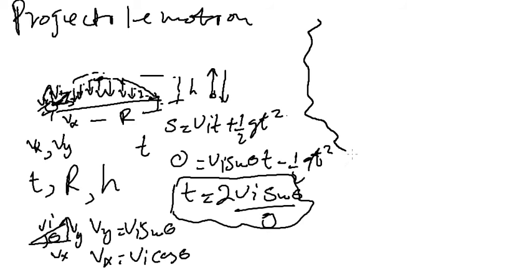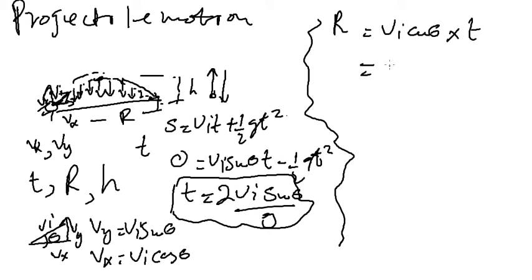Next we have the range. We can find the range by taking the horizontal velocity component, which is vi cos theta, times t, the time of flight. So vi cos theta times the time of flight we just found, which is 2 vi sine theta divided by g.